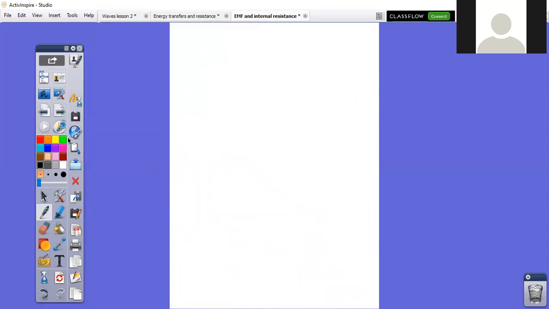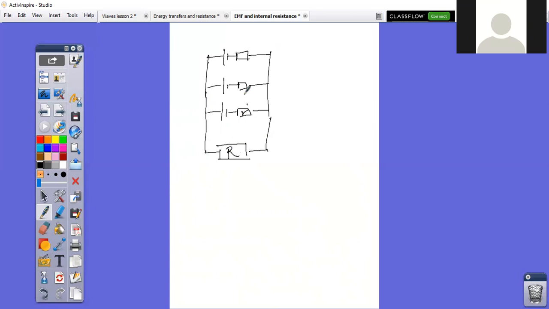If I have cells connected in parallel and each of them has an internal resistance, and let's imagine that we have an external load, and an EMF E. This is the same as an equivalent circuit.